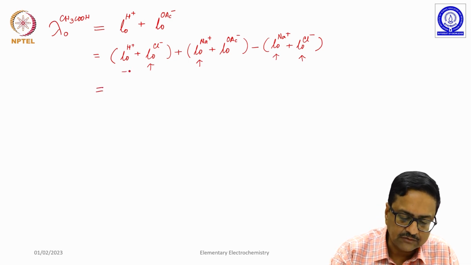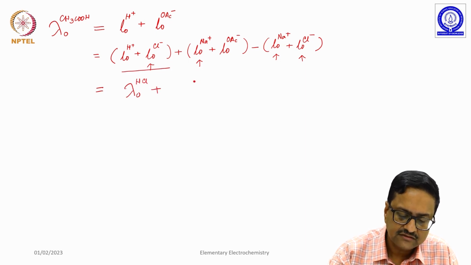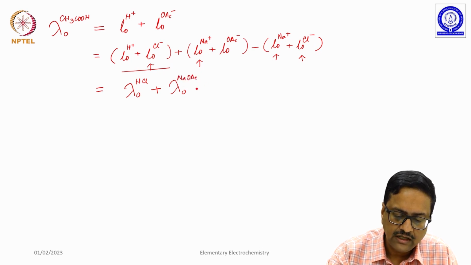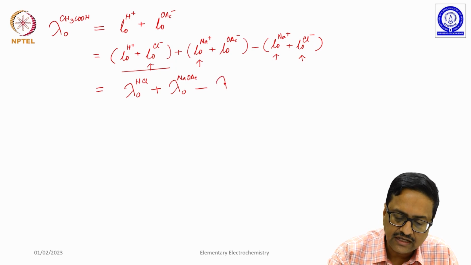So this first term is nothing but lambda 0 for HCl plus the second term is lambda 0 for sodium acetate, and the third term is lambda 0 of NaCl.